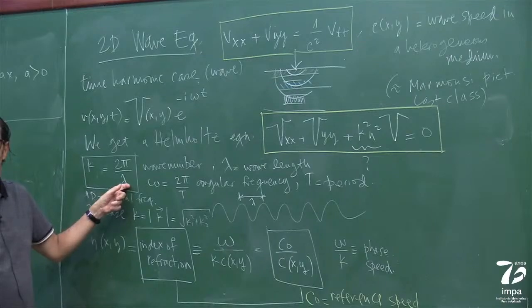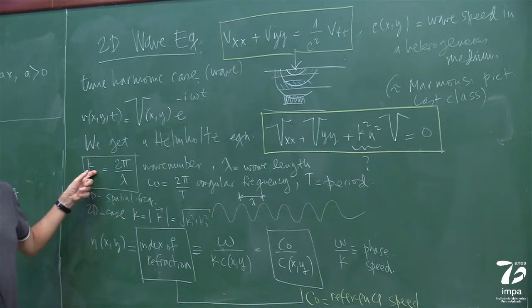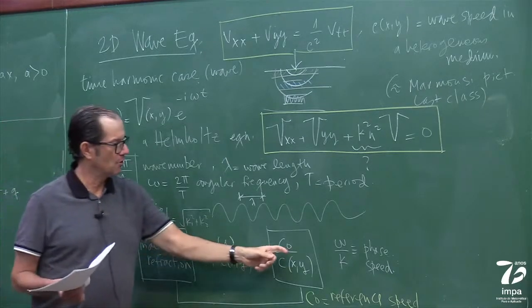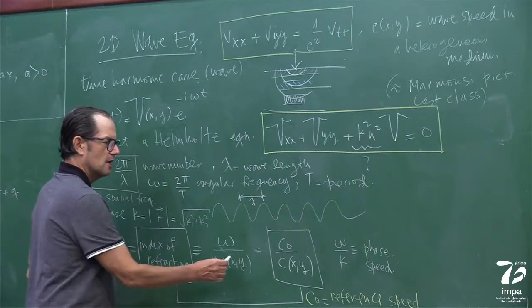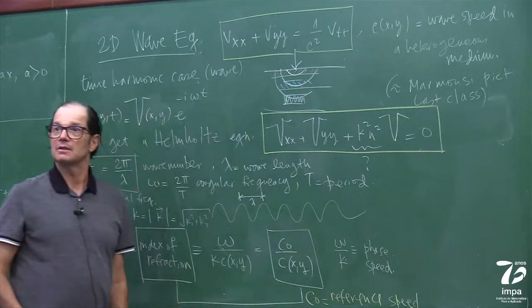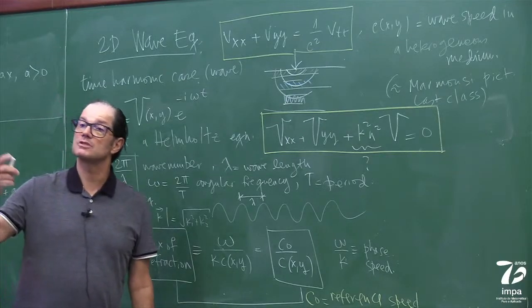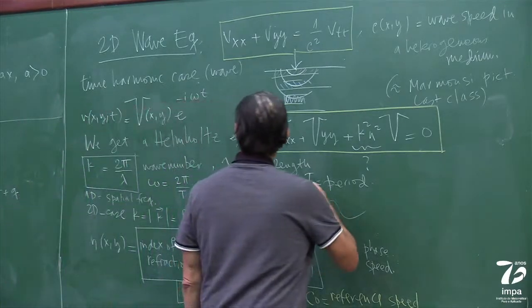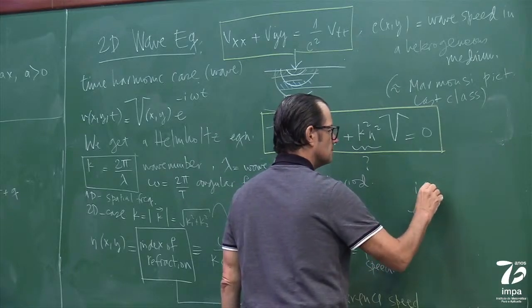I tripped on my tongue, right? Reference wavelength. Therefore, that gives me a reference wave number. And omega naught is basically this, omega over k, phase speed. So why is this called a phase speed? Because you will see in problems in the future that sometimes it's convenient to write a Fourier mode like this.